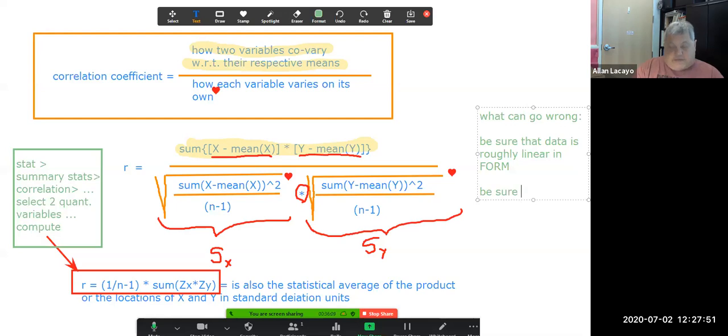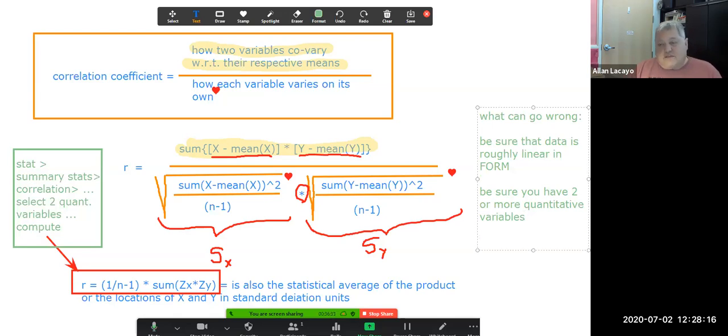Be sure you have 2 or more quantitative variables. You can't compute correlations with categorical variables. For categorical variables, we use the notion of dependence and independence, and we use conditional percentages in order to identify dependence.